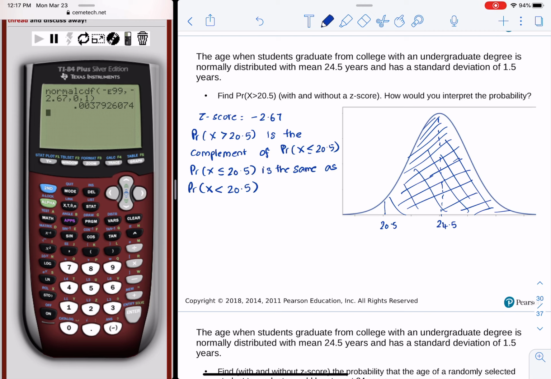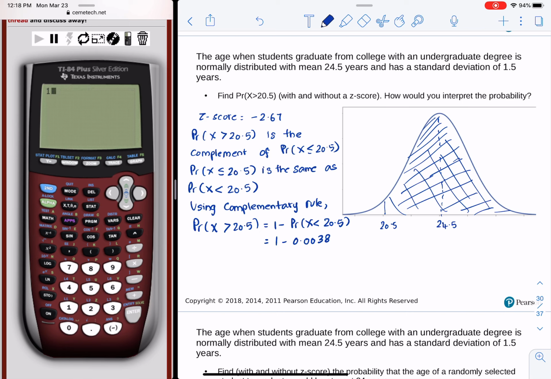That said, we can use the complementary rule and recognize that the probability x is greater than 20.5 is equal to 1 minus the probability x is less than 20.5, for which we already have the answer as 0.0038.